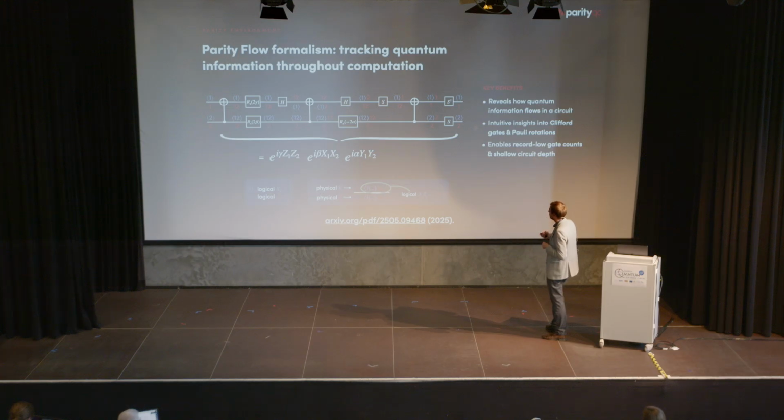We have also formalized this to a large extent, with a real formalism behind it. This is the paper here, which introduces this parity flow formalism. And the idea is really the following: the blue and the red labels here are X and Z information about qubits. And these lines that we typically associate with qubits are literally just containers, and these containers now contain information from different qubits.